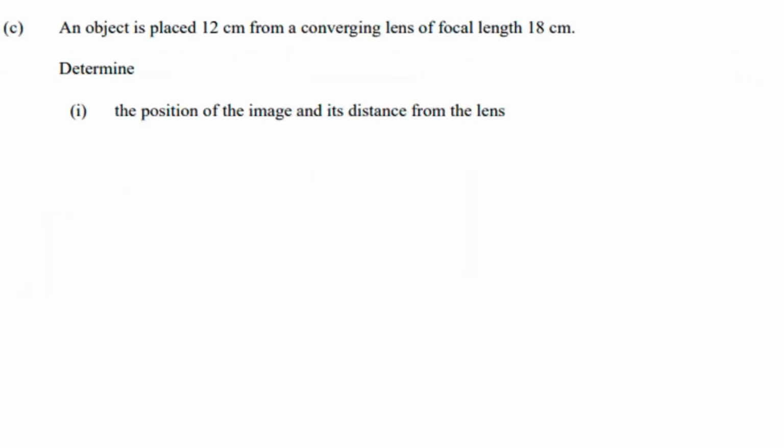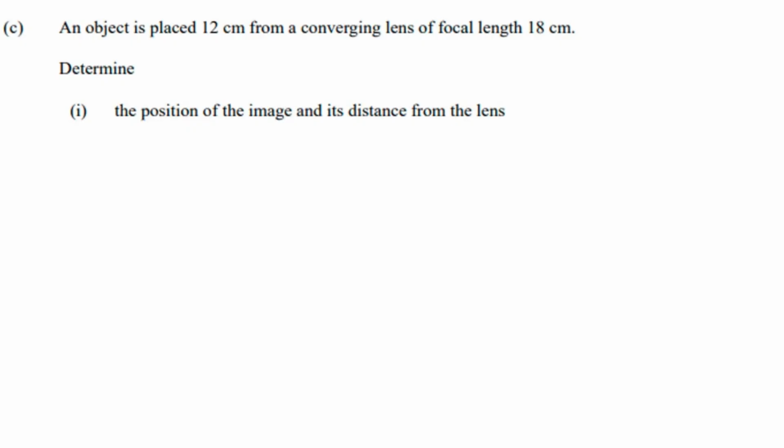Now let's just do a bit of calculation. It says an object is placed 20 centimeters from a converging lens of focal length 18 centimeters. Now, I want you to pay attention. If the question had said diverging lens, then you automatically should make sure that your focal length is negative. So those are a bit of key things you should pay attention to.